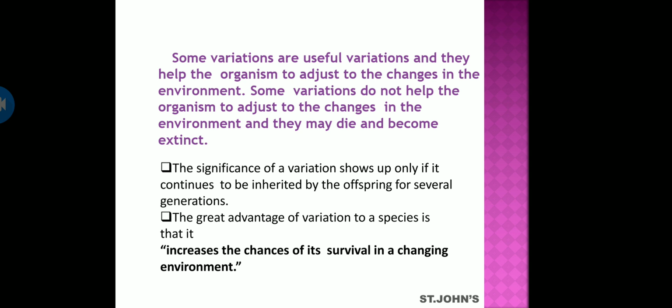You might get a doubt about how these variations are getting transferred. I told you previously, since we are talking about sexual reproduction, a few variations are present in the mother and a few in the father.